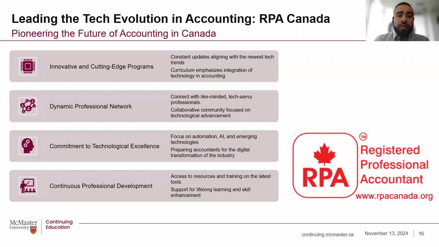Our network is very tech savvy and tech forward and always looking to collaborate and find ways to make the accounting industry as a whole very tech accessible. And we've also looked at being committed to technological excellence, so focusing on automation, AI, and other emerging technologies as they come, just to prepare accountants for the digital transformation that is happening. So that's our commitment.